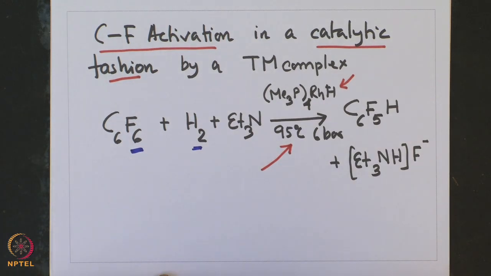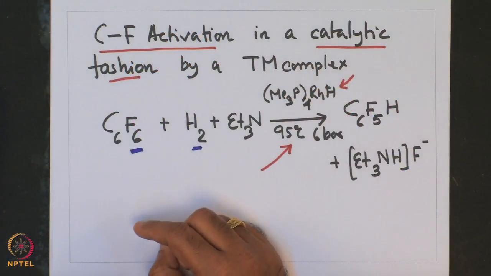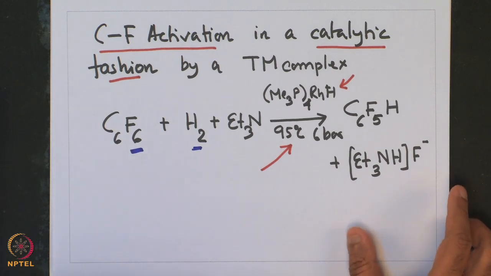So, this is considered a very mild condition for achieving CF activation, because CF bonds are extremely strong. So, what we are going to do is look at how this reaction proceeds in terms of the mechanistic cycle it undertakes to carry out this CF activation.